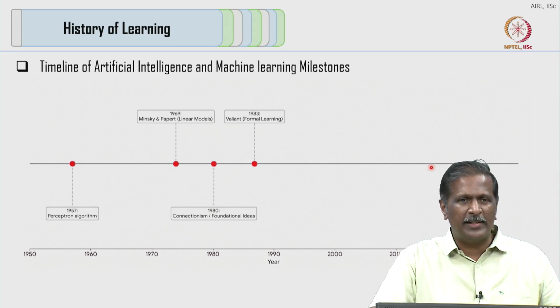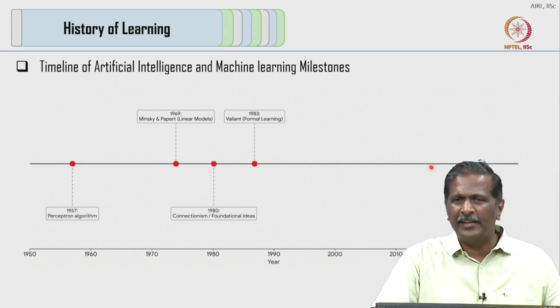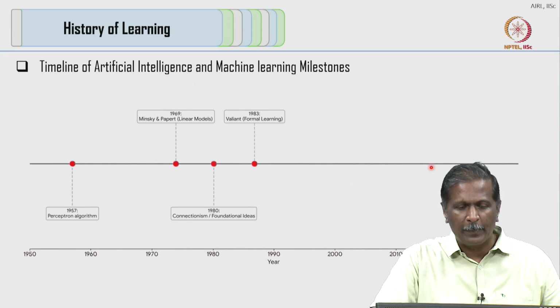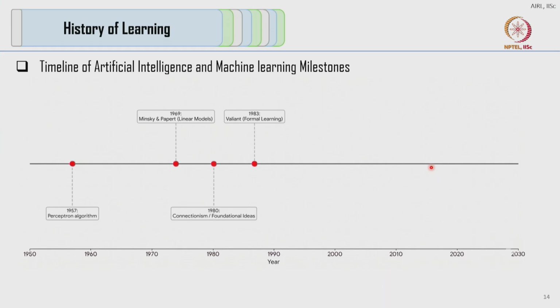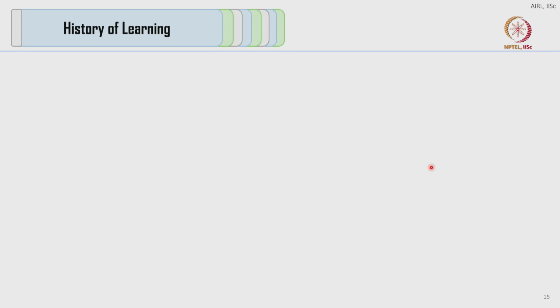That's when the McCulloch-Pitts model came in; they talked about how we can represent logic gates, which is a very simple problem, and then the perceptron came. Then the multi-layer perceptron came. In 1969, Minsky talked about linear models. In 1980, connectionism or foundational ideas came into picture. Then in 83 comes a formal learning process in the timeline, if you look at it.